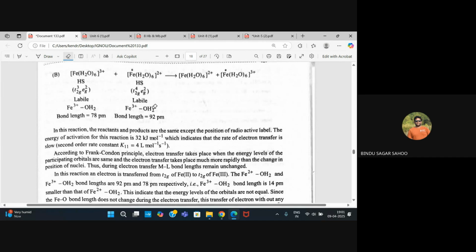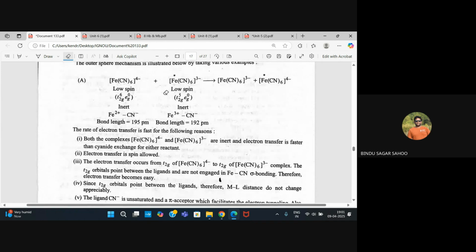So when the bond length difference is larger, that means the Fe3+ ion's orbital energy and the Fe2+ ion's orbital energy are not the same. There is a larger separation between the orbital energy of one metal complex and the other.